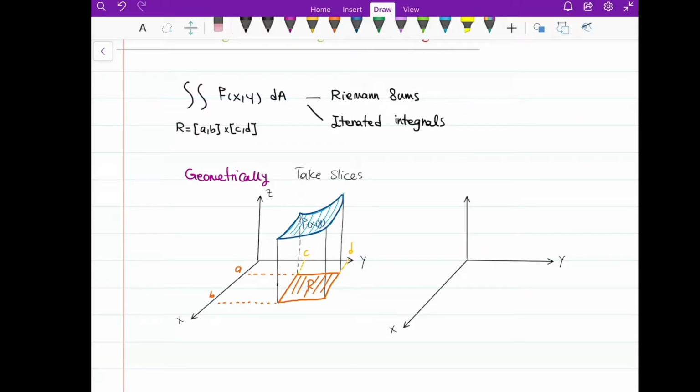Y-axis, and we have the z-axis. Again, let me graph the function. It's like this. This function is bounded above the region R. It's part of the function that is above the region R. Region R is basically here.